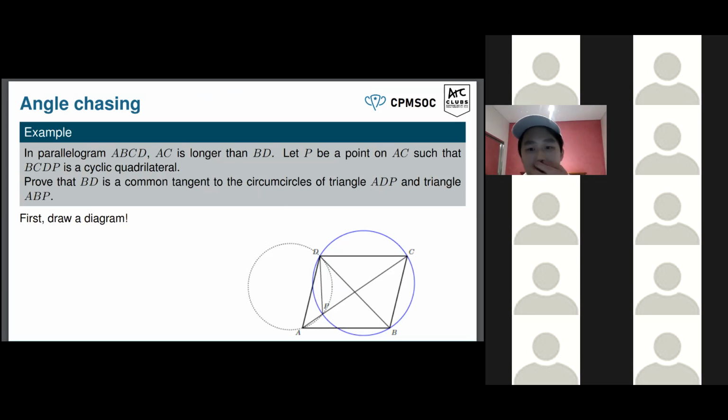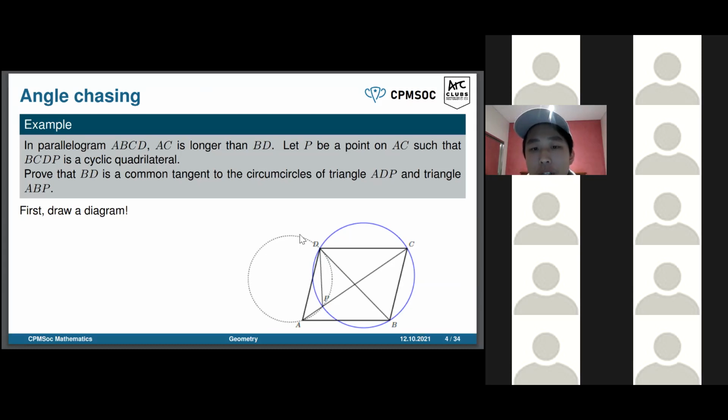Right. So, because we want to prove that BD is a tangent to the circumcircle of triangle ADP, it's really an obvious thing to first try using the alternate segment theorem.